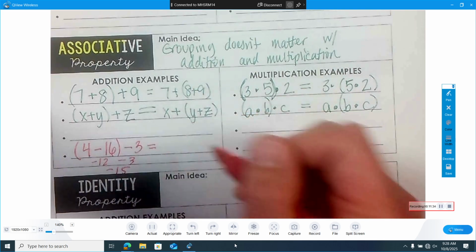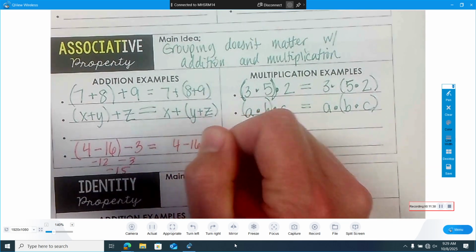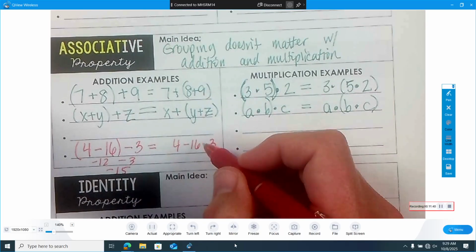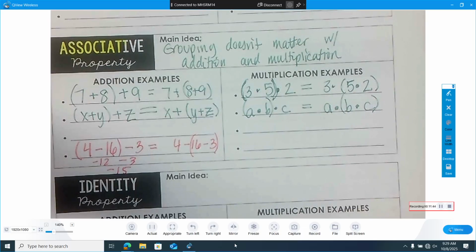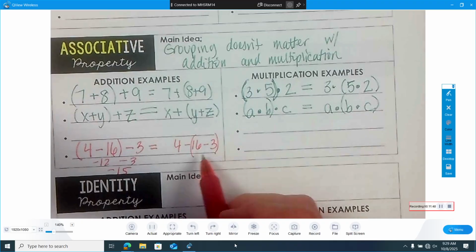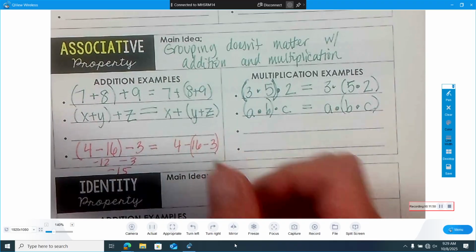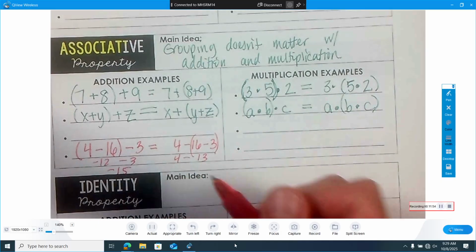Now, let's change our associative groupings here. I'm going to use the same exact numbers, but now I have to change my associative groups. First, we would do inside the parentheses, what's 16 minus 3? 13. So we'd have 4 minus 13. And what's 4 minus 13?